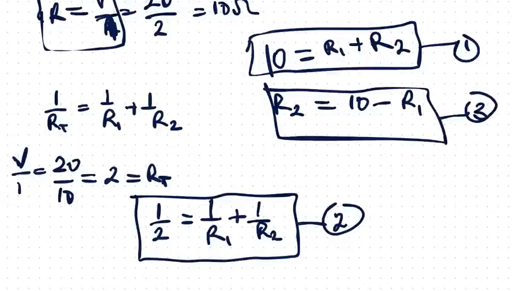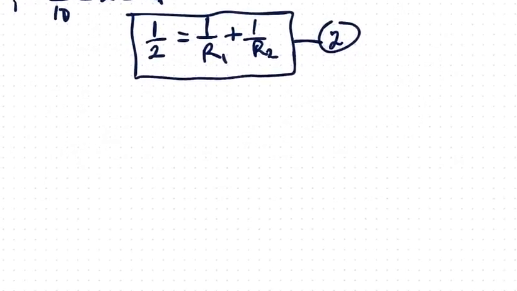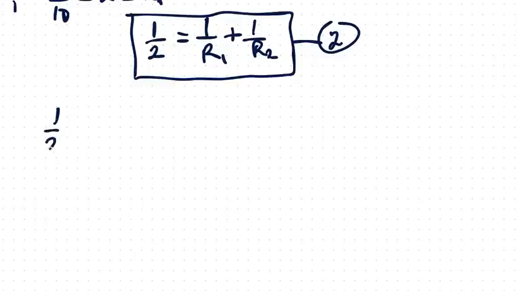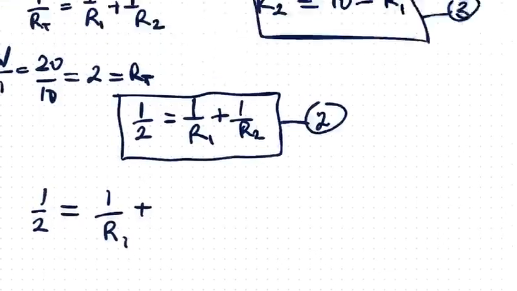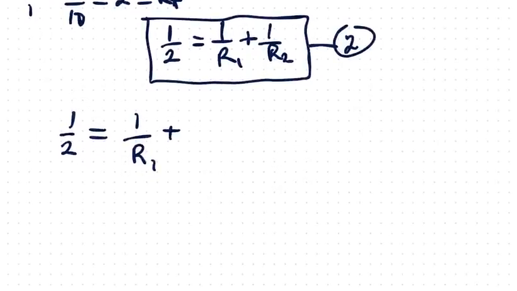If I decide to substitute equation 3 in 2, then I'll be having this expression: 1 divided by 2 is equal to 1 over R1 plus 1 divided by 10 minus R1.